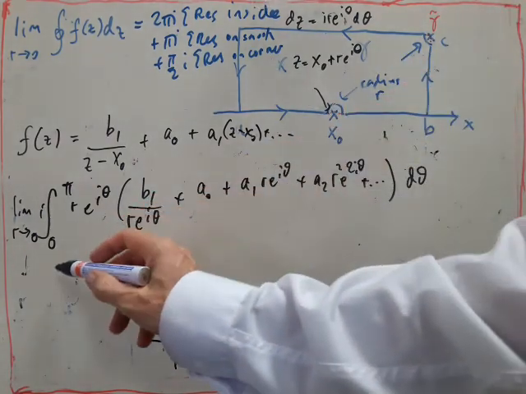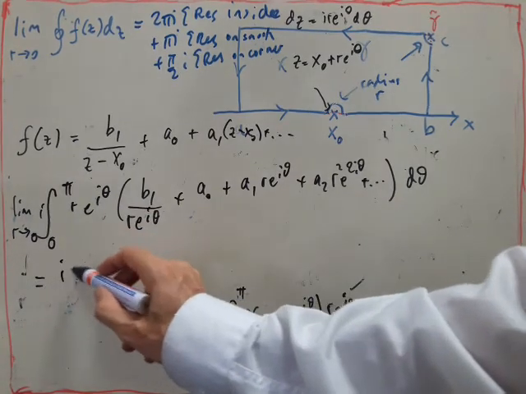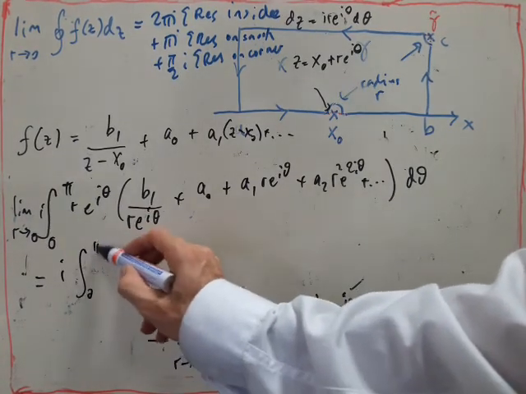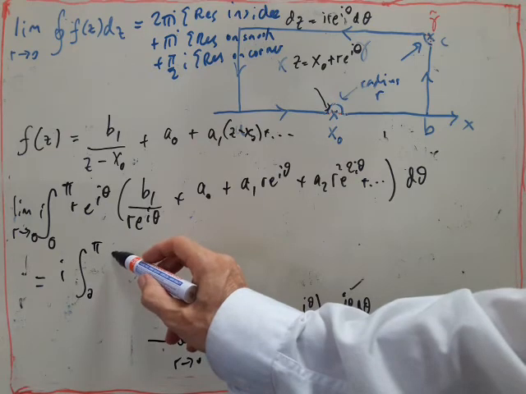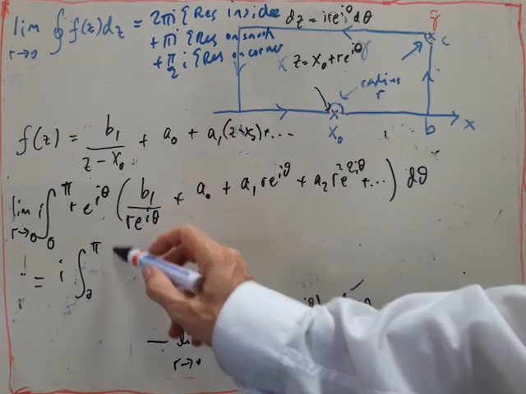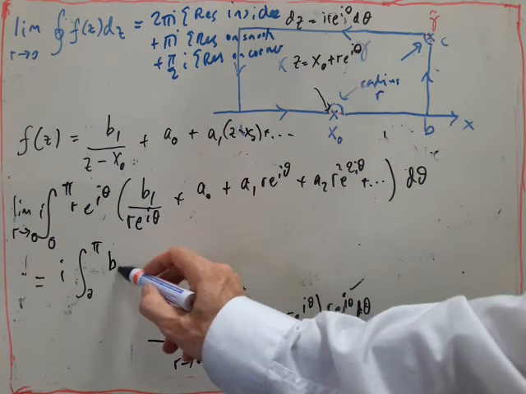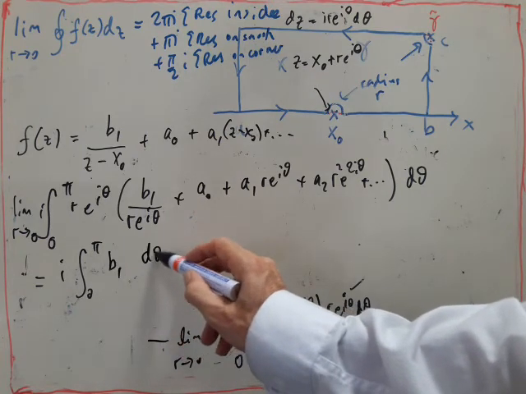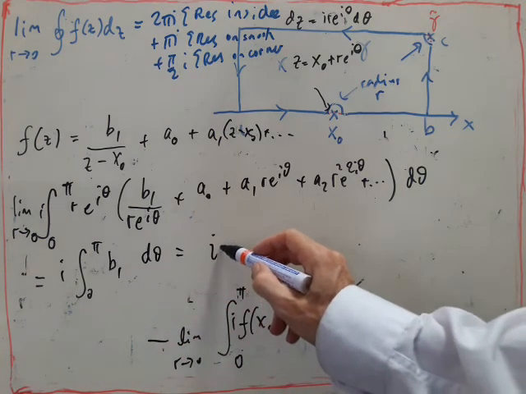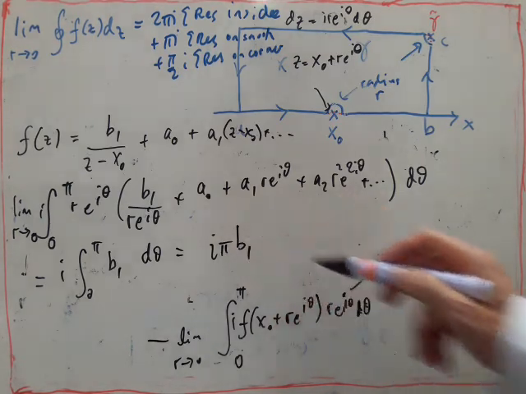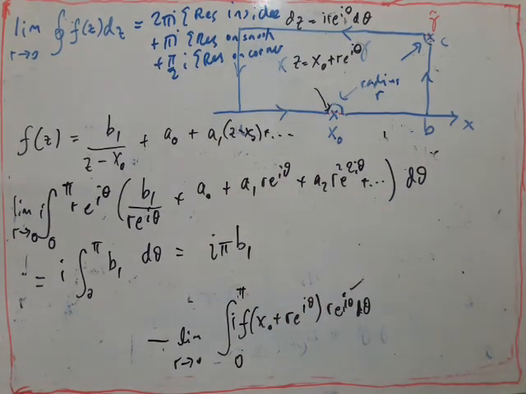And I'm just left with i times the integral from 0 to pi of, and the e to the i theta is also cancelled, so of b1. So I end up with i pi b1.